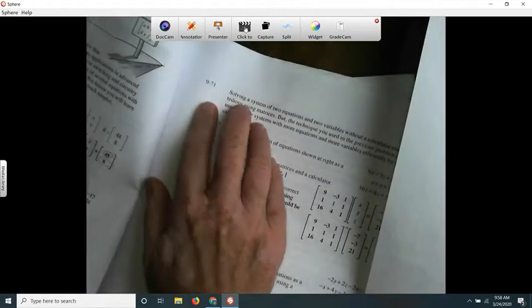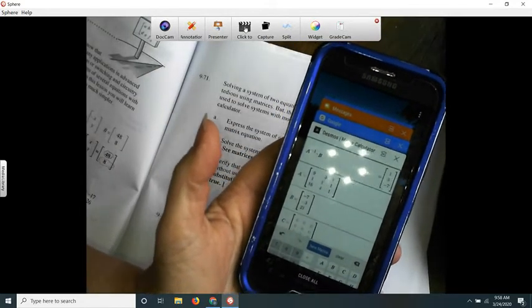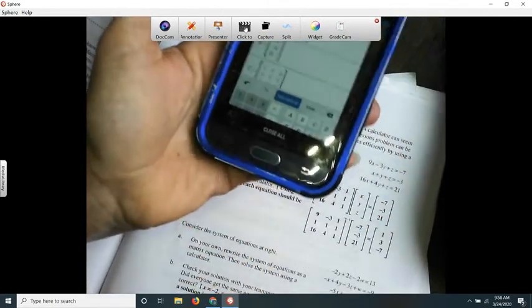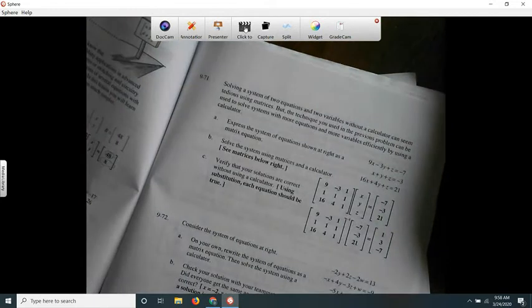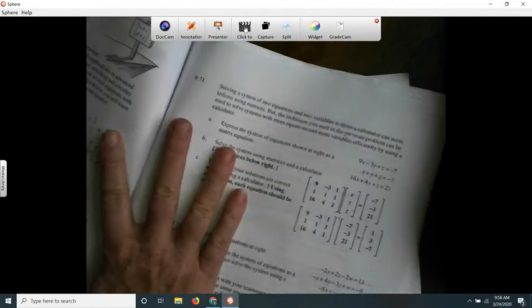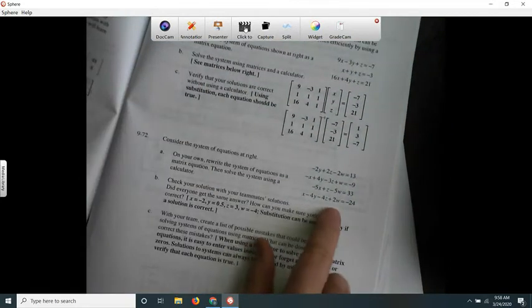If you try this, this is 9-71. Take some time and see if you can enter these in using Desmos or whatever calculator of your choice. That's how you can solve a system of equations. Look, here's a 4x4 right here.